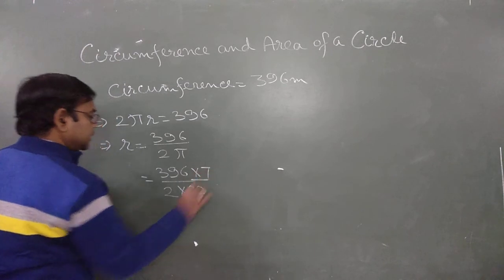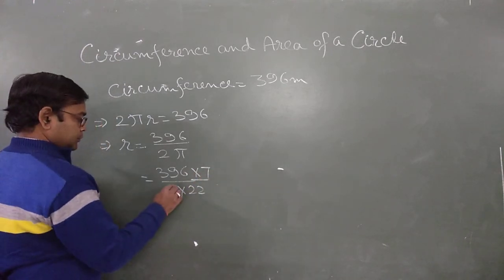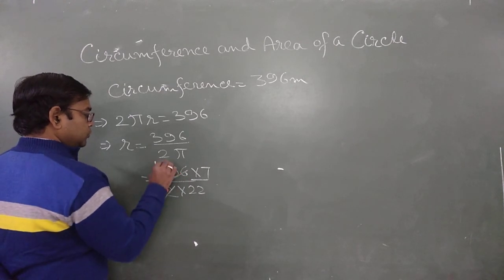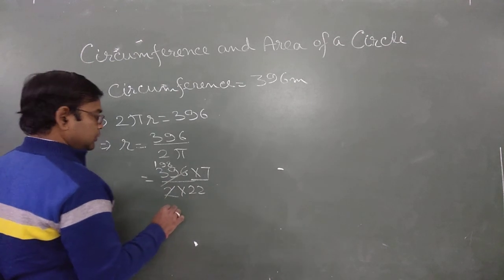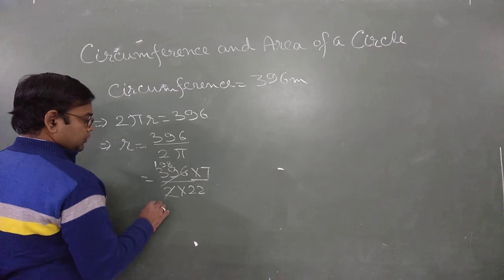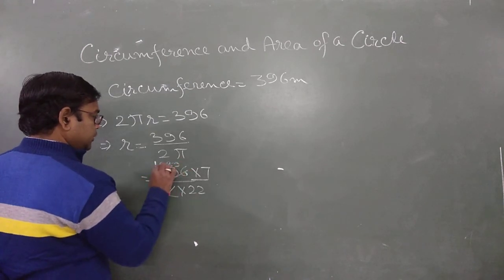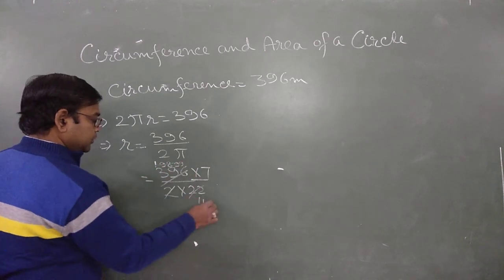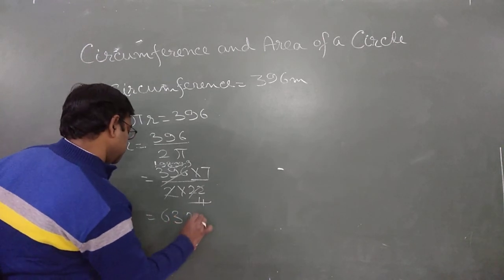So 7 goes to that side. 2 1s are 2, 2 9s are 18, 2 8s are 16. Then 2 9s are 18, 2 9s are 18, 2 11s are 22. It's 63 meter. This is the radius.